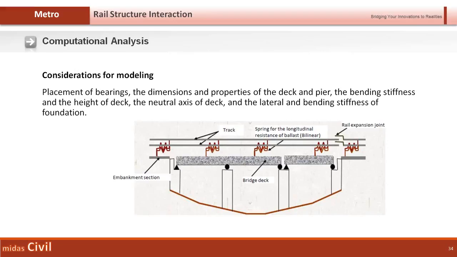Also, whenever the loading is there, suppose my train loading is somewhere here, underneath this loading, the multilinear elastic links that we give to simulate the connection should have the loaded stiffness.